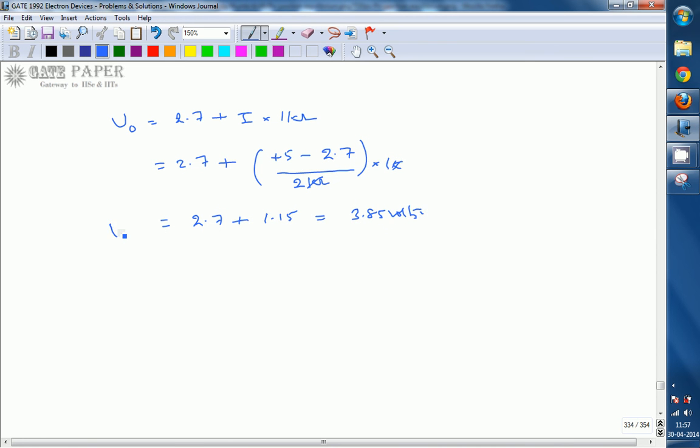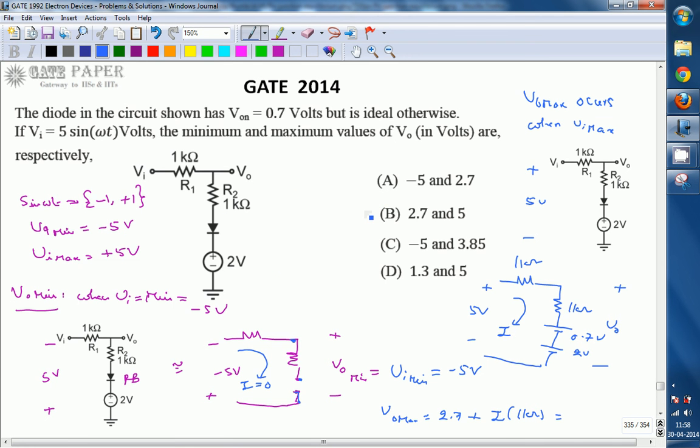So V naught maximum is 3.85 volts, and V naught minimum is minus 5 volts. So the right answer for this question is minus 5 and 3.85. The right answer is C. V naught minimum is minus 5, V naught maximum is 3.85. Thank you.